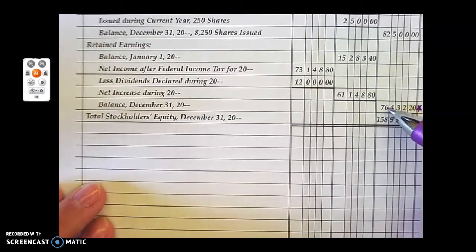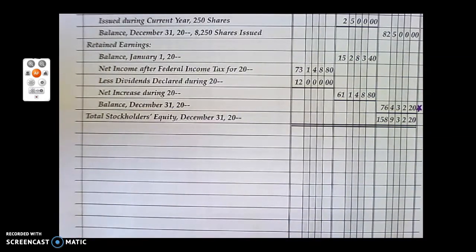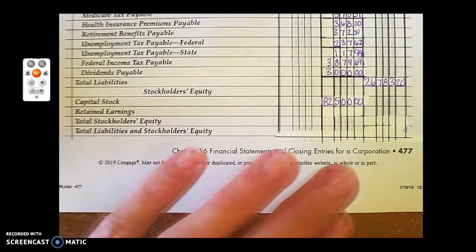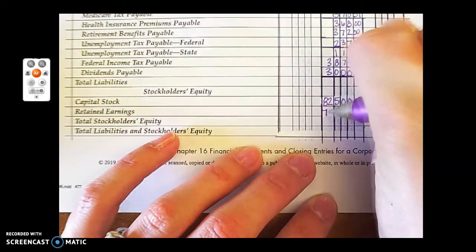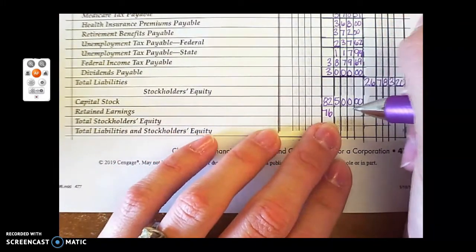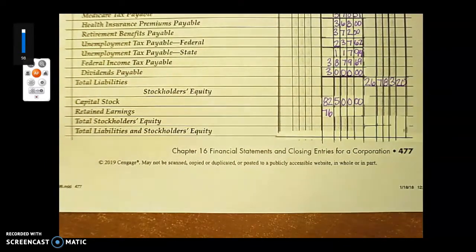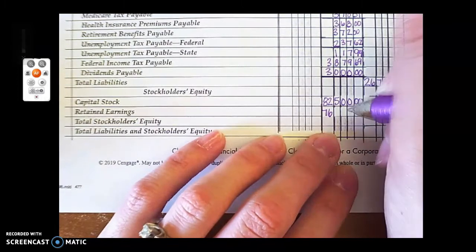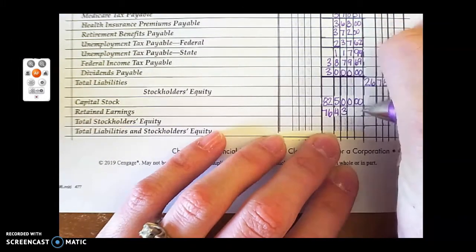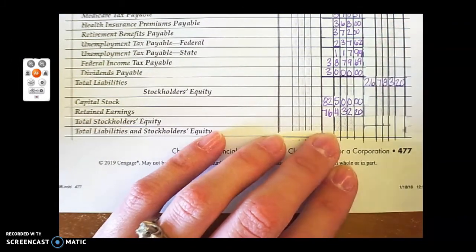So the number we need to take is $76,432.20. Now, if you do not take this number, if you instead take it from your adjusted trial balance, you will find out that your balance sheet will not be equal, and that's why.